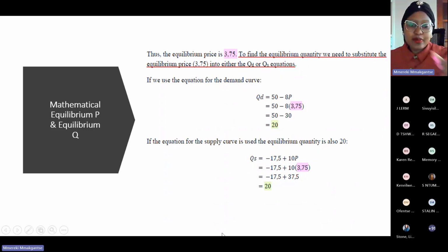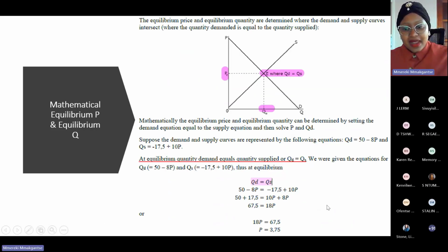Mbali's asking, how is P positive? Mbali, remember, we set equilibrium. These are the equations that we are given. We said at equilibrium, quantity demanded equals quantity supplied. On one side we have 50 minus 8P, and on the other side minus 17.5 plus 10P.